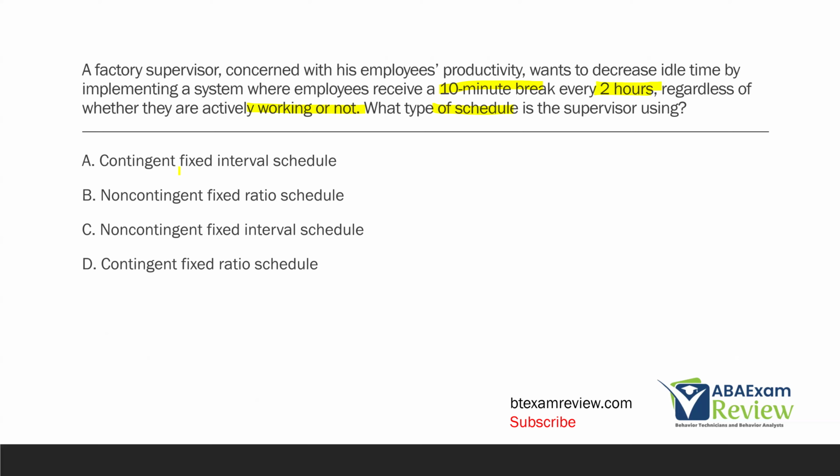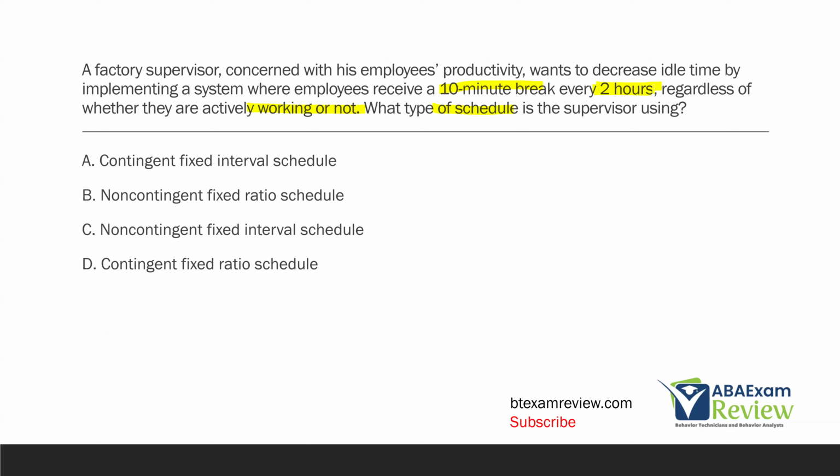But we have to now look at it as contingent or non-contingent. Contingent means in order to get reinforcement, you must do something in particular. In this case, the employees are getting a break no matter what, even if they're working. It doesn't matter if they're working or not. So the break isn't contingent on anything. That makes it non-contingent.